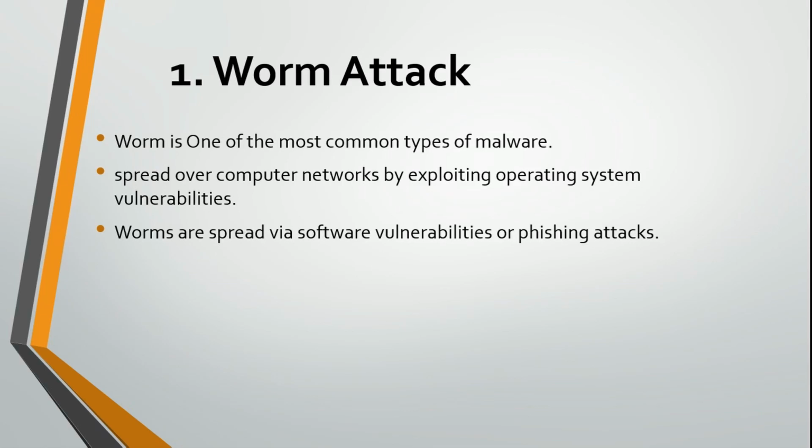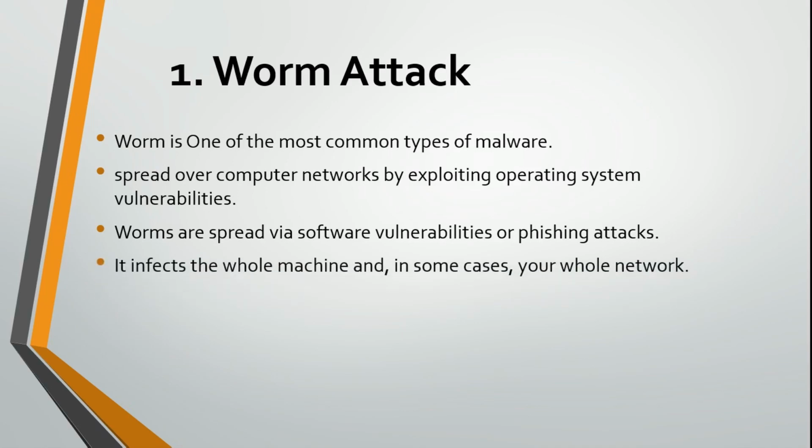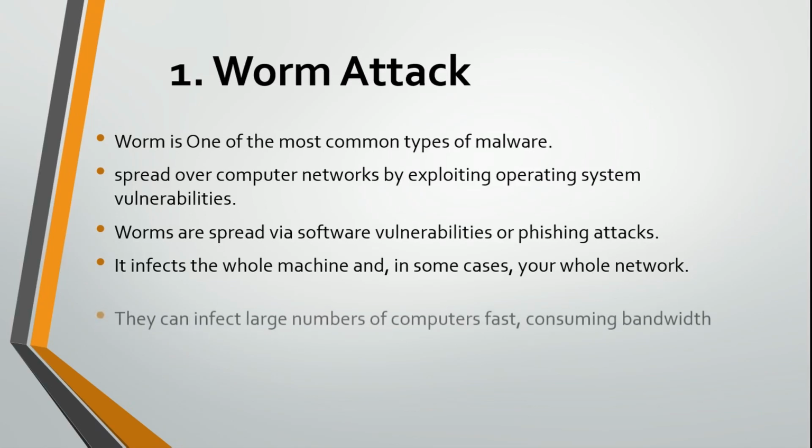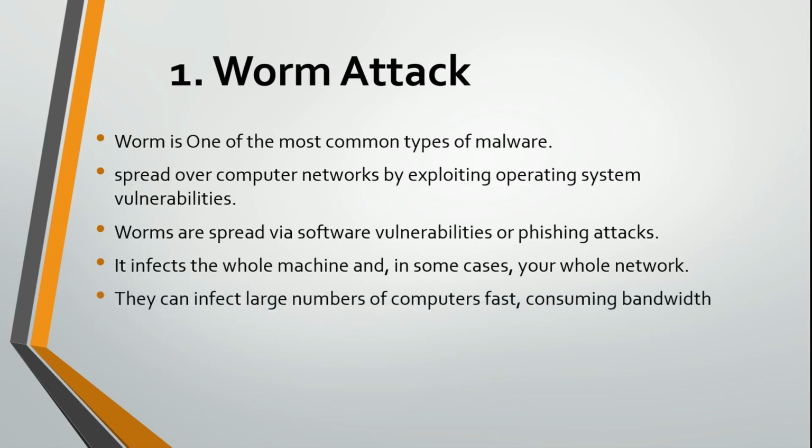Once a worm has installed itself into your computer memory, it starts to infect the whole machine and in some cases your whole network. They can also infect a large number of computers very fast, consuming bandwidth and overloading your web server.